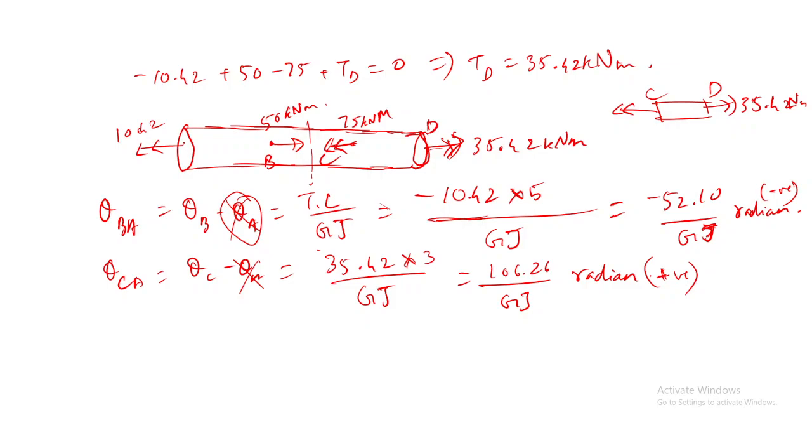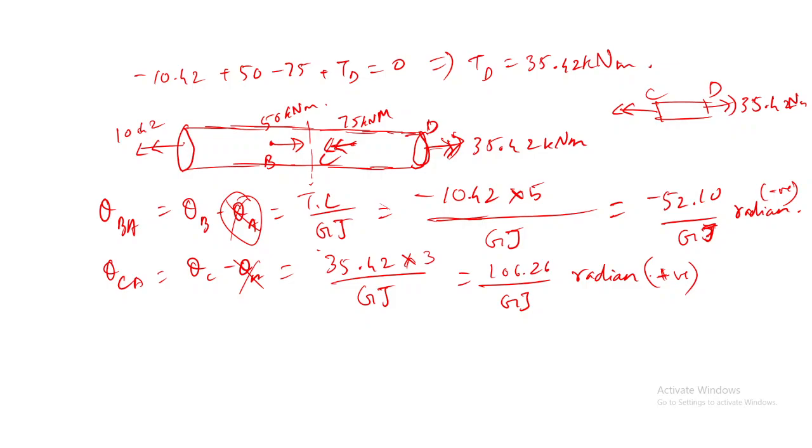Yes, theta C they have taken as a positive value. How, sir, can we find it? If we took a negative value, then it seems like it is rotating in the same direction.